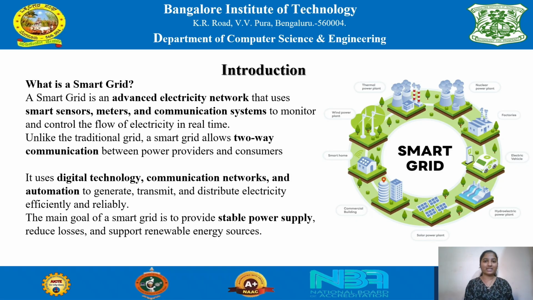This means electricity usage can be monitored instantly, faults can be detected quickly, and power can be managed efficiently. The main goal of the smart grid is to provide a stable power supply, reduce losses and support renewable energy resources like solar and wind.